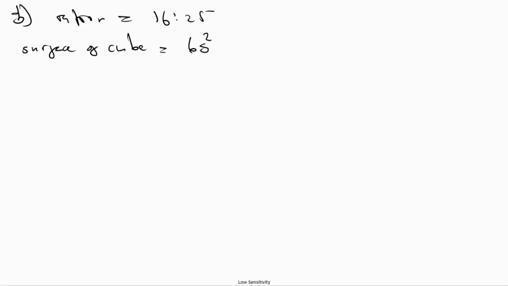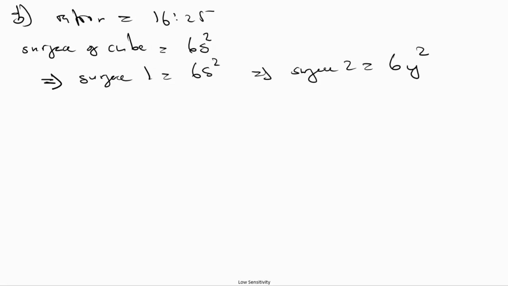So what we know here is, if we have this ratio, that means the surface area of the first is equal to, I'll call it 6s squared, and the surface area of the second is going to be 6y squared. So let's simplify that.